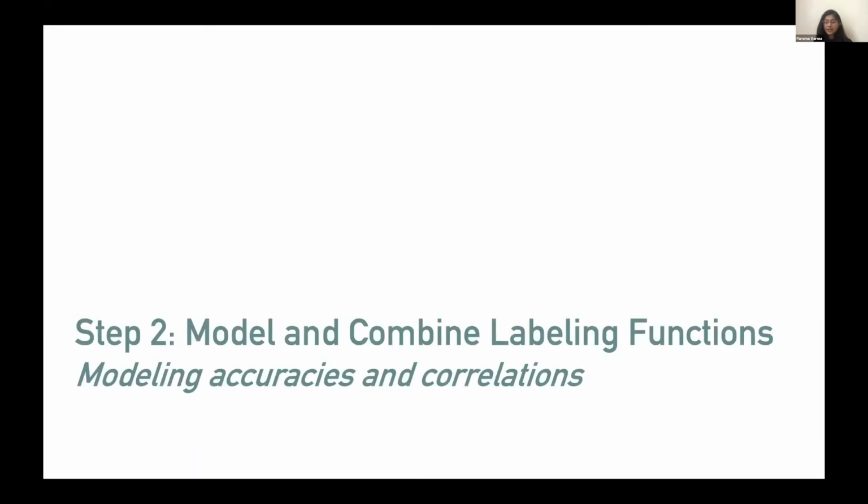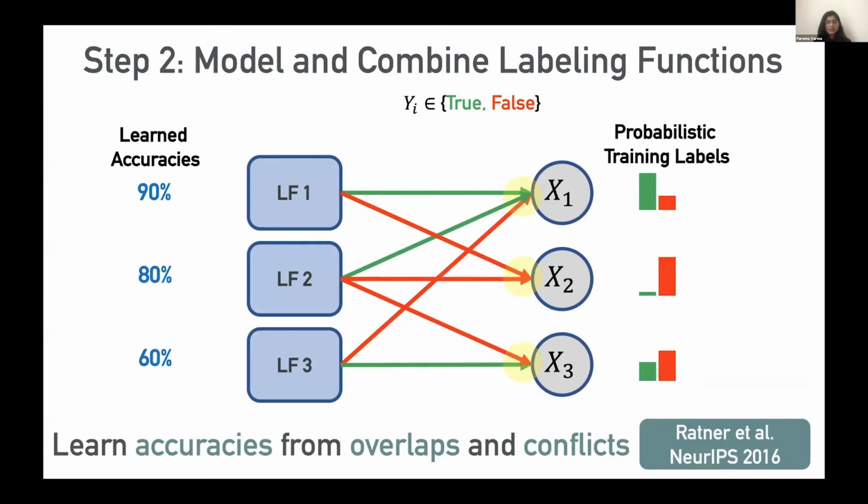The second step, again, is the core of the Snorkel pipeline, which is the machine learning model that actually combines these labeling functions optimally. So what we do here is we look at all the rules that the users have written, and we look at the labels that they assign to all the data points. And we actually are able to estimate the accuracies of these different rules by looking at the conflicts and overlaps between them.